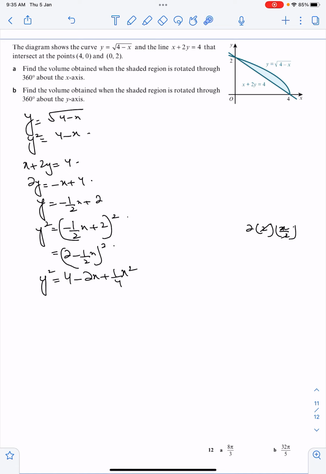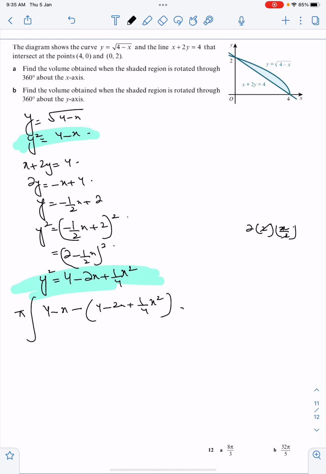Okay, since the curve is on the top and line is underneath, curve is above the line, so the equation of the curve, which was 4 minus x here, 4 minus x, and the equation of the line. So 4 minus x minus this whole thing. When I simplify this, I have to apply the boundaries of 4 and 0 obviously.